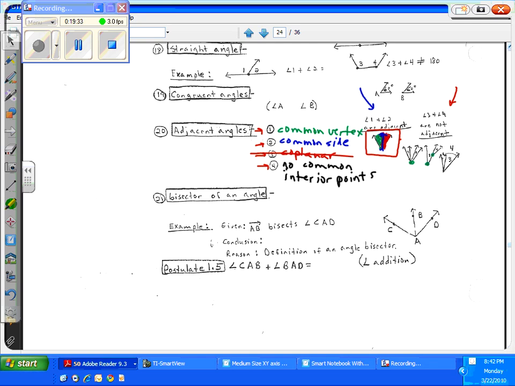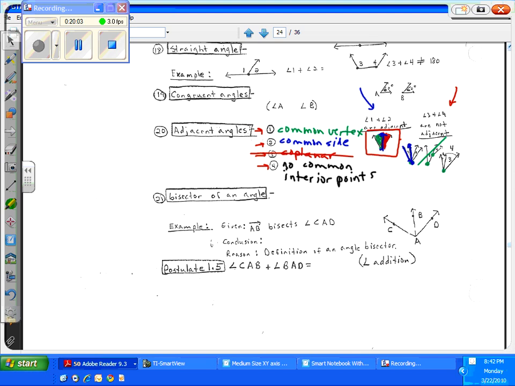Well, this one has a common vertex. These do not. The vertex of 1 is down here and the vertex of 2 is here. So these are ruled out because of the common vertex property, so that's gone. Angle 3 and angle 4 have a common vertex, so they're still in. So now we've got the first example and the third example still in, with the middle example gone because it was eliminated because there wasn't a common vertex.